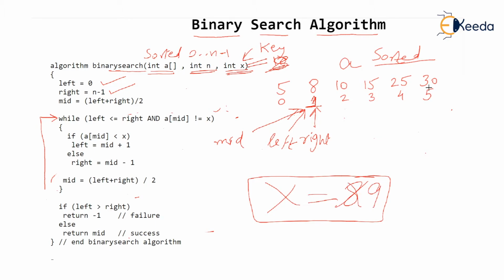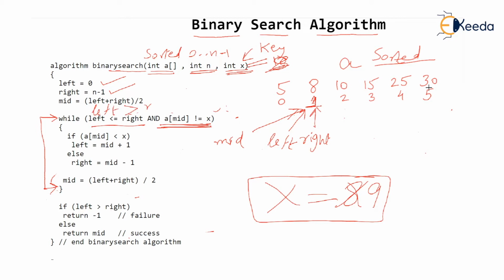You will find out that you will repeat this while loop by changing left or right repeatedly, and there will be a stage reached when A of mid will never be equal to X. This will stay not equal, not equal, not equal always, because 9 is not there. So we won't get that 9. But a stage will reach when left will become greater than right.